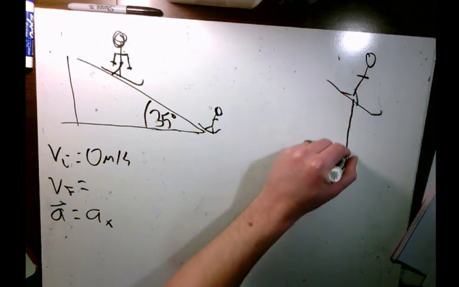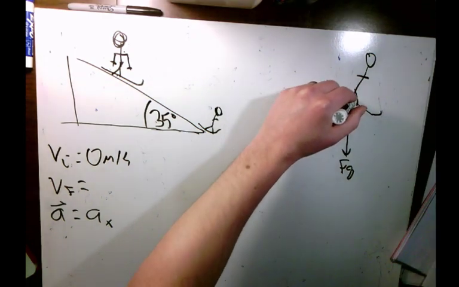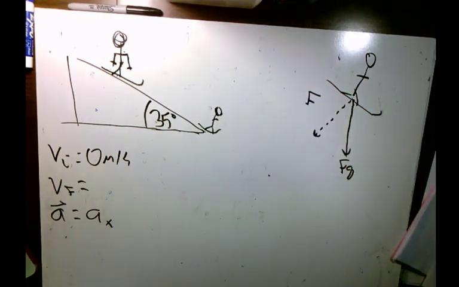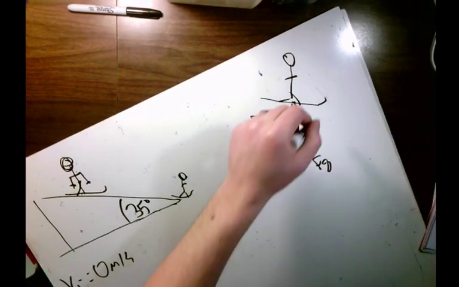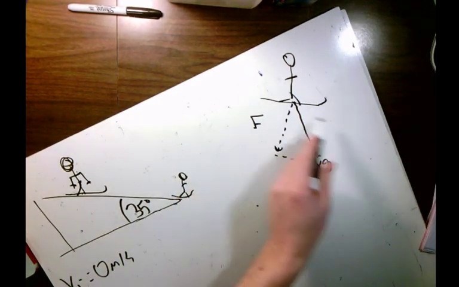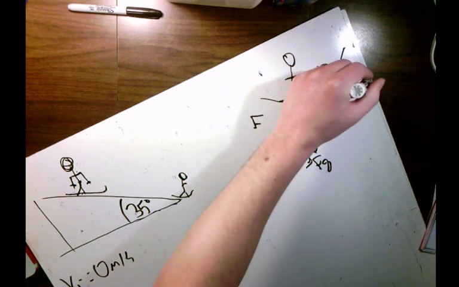We have force of gravity pulling him straight down. We have our y component, right? Because I've shifted the entire question so that our new x-axis is parallel to the surface. So our reference system would look like this, right?